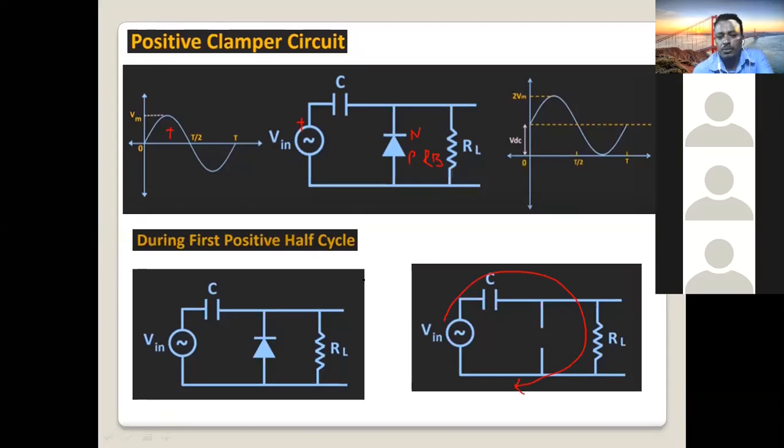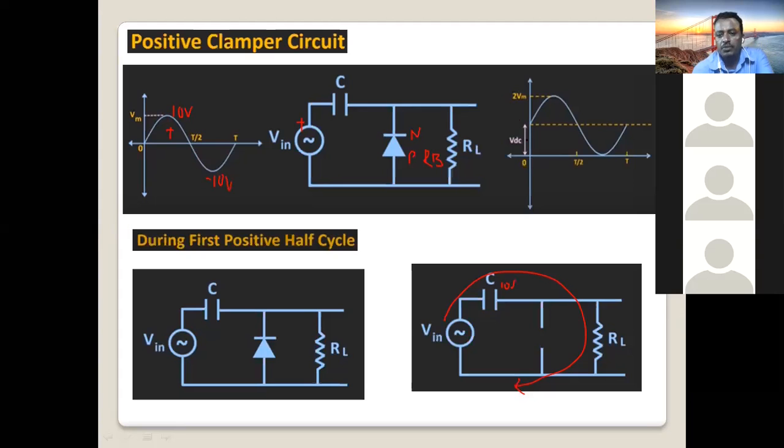Charges up to what? Let's say the maximum peak voltage is 10 volts sinusoidal. In the positive cycle, the capacitor charges and stores the maximum of 10 volts here.